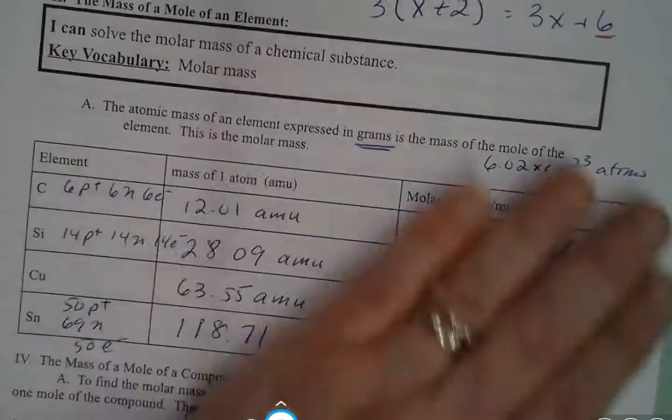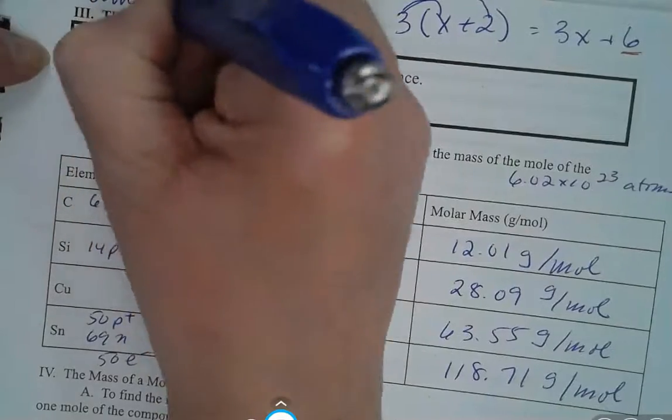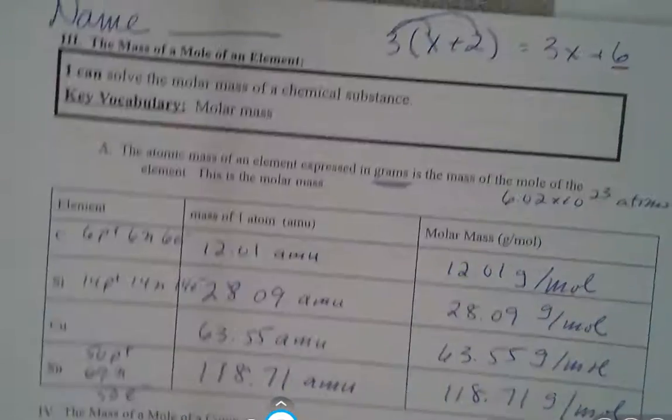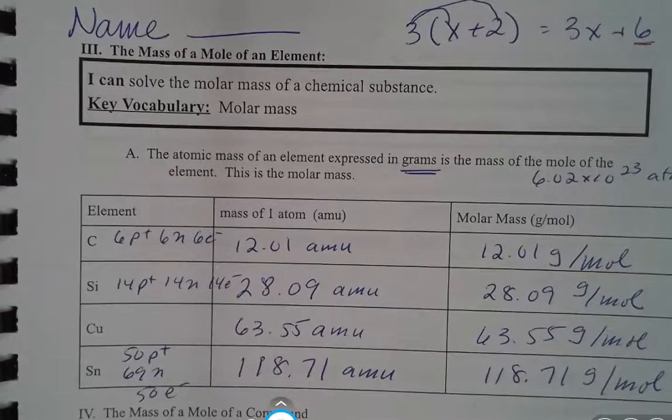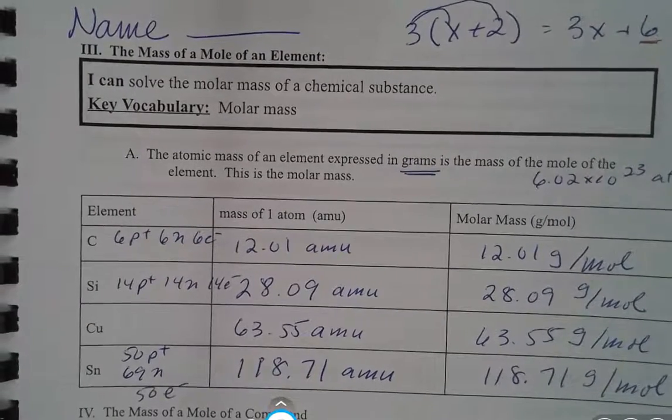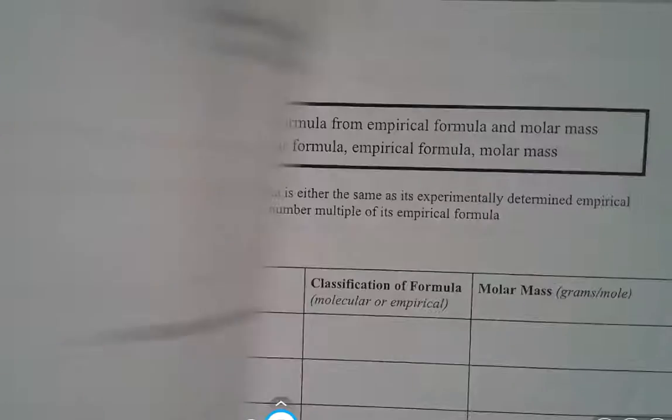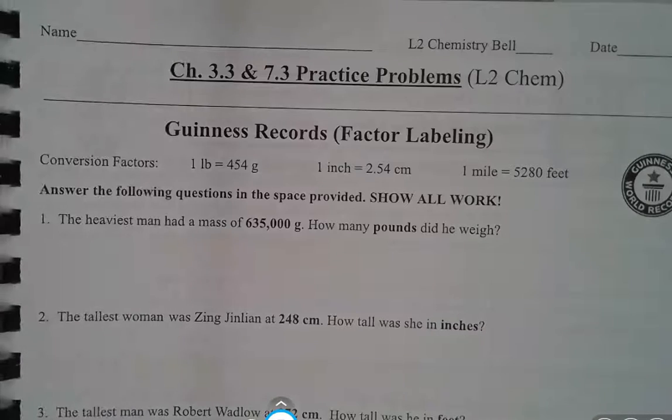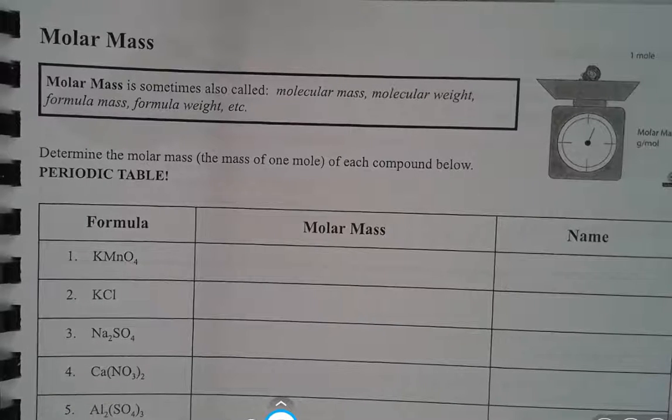So what I would like you all to do for me is take a picture of all your work, put your name on the top, by the way, and upload it to Google Classroom. Then go find molar mass.